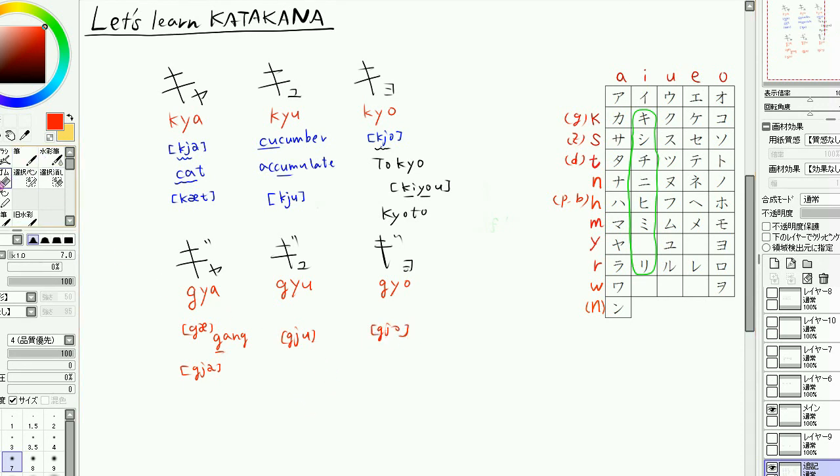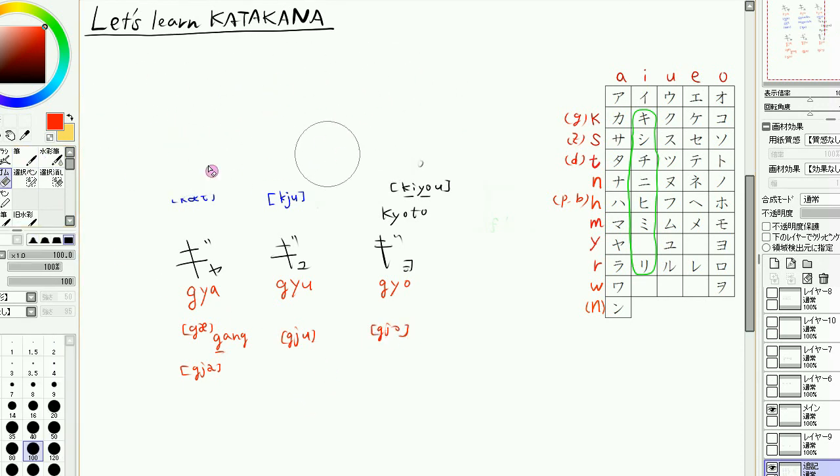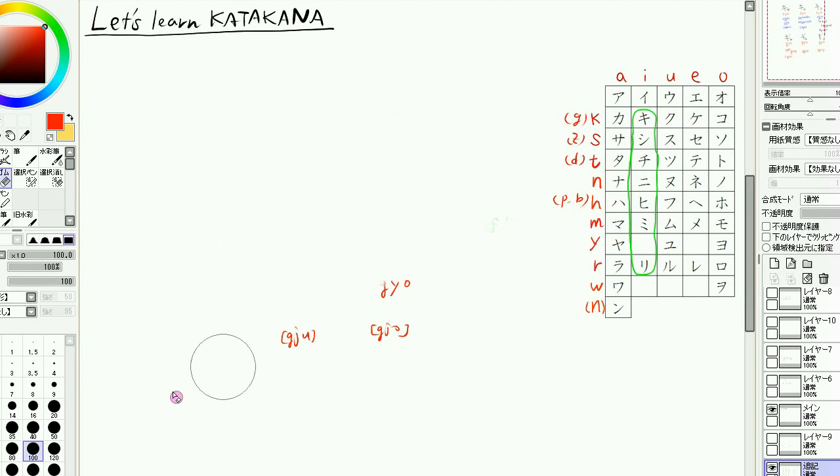All right. Now let's go to the next one. We're going to go to this character. It's shi. The original sound of this part was shi. So shia, which will actually be sha. This is shu, and this is sho.